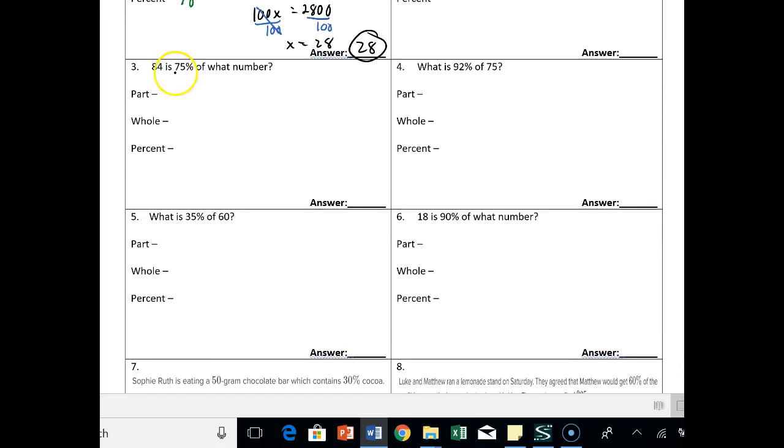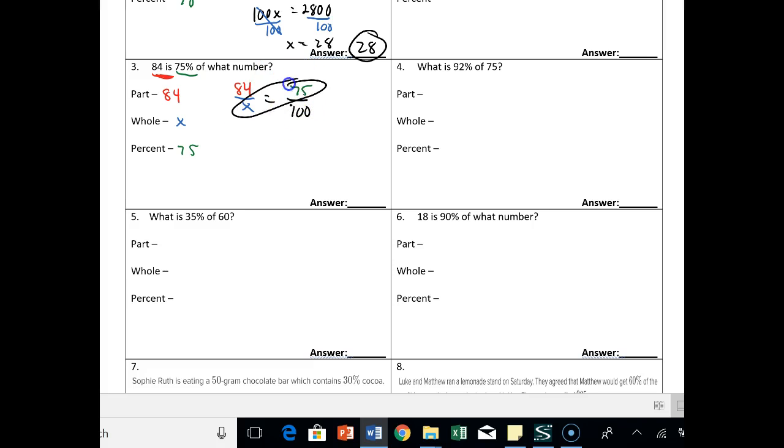Number 3, 84 is 75% of what number? So obviously we have our percent. That's 75. And then the is statement, 84 is. That's our part. So we are missing our whole. So we have 84 over our whole is equal to 75 over 100.